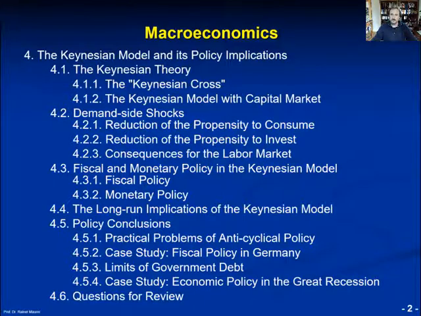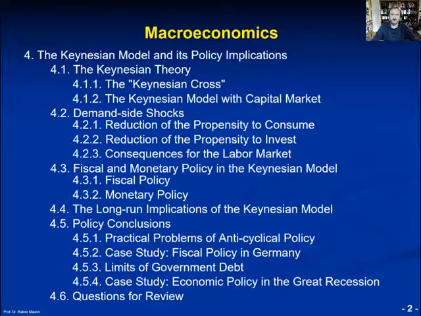As we will see, the Keynesian economy is much more unstable than the neoclassical economy. But fiscal and monetary policy can influence now the real level of GDP in the short run, and thus can be used to stabilize the economy.